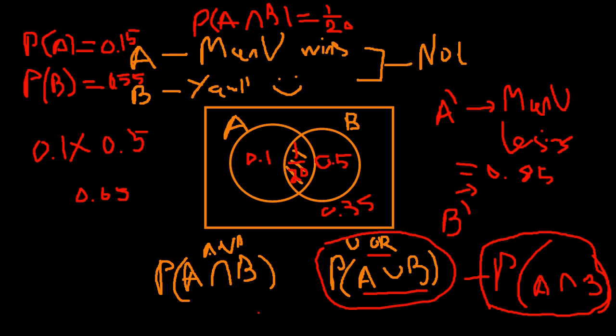So if they just gave you figures, they didn't give you a nice Venn diagram with things already added, if I say 0.15 plus 0.55, that's 0.7. And we know that's wrong. That's not the probability of A or B happening. You have to subtract that 1 over 20 that they give you. And that gives you 0.65, which is our correct answer.